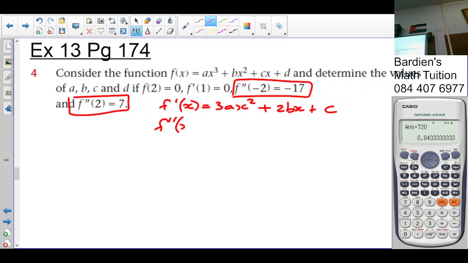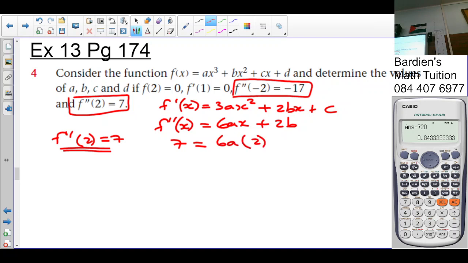So f double prime of x is equal to 6ax plus 2b. So now in f double prime of x, I only have two unknowns, a and b. You see that? So going with the first bit of information, f double prime of 2 is equal to 7, I say 7 is equal to 6a, my x value is 2, plus 2b.